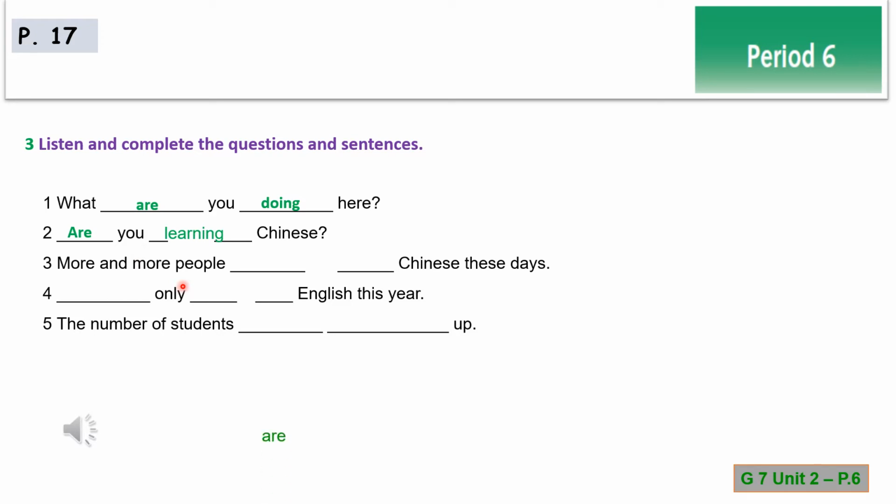More and more people are speaking Chinese these days. Good. Number 4. I'm only learning English this year. True. The last one. The number of students is going up. Thank you. Let's move to the next exercise.